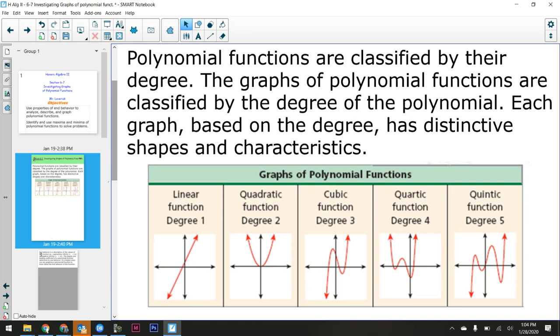The one with the degree of 2 has one curve, and so on. Okay, that's a good point that she brings up, and this is one of the observations that we need to make here. She said that the quadratic, the degree of 2, has one, we're going to call those turning points. It has one turning point. How many did the degree of 1 have? None. So the degree of 2 has 1.